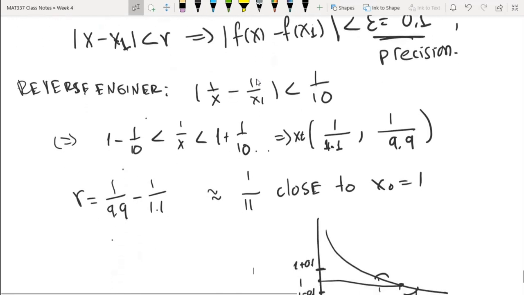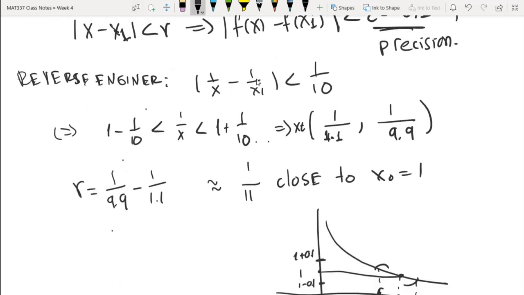Oh, I meant to write 0.9. Right, thank you.